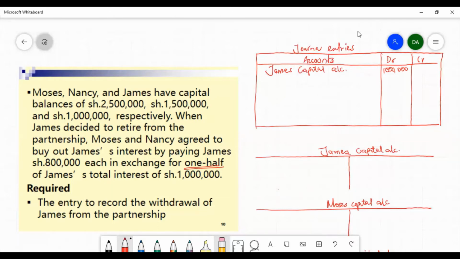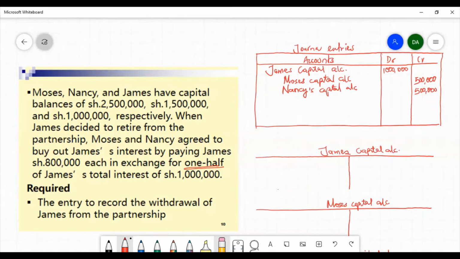Therefore, Moses' capital account is credited 500,000 shillings, and Nancy's capital account is credited 500,000.